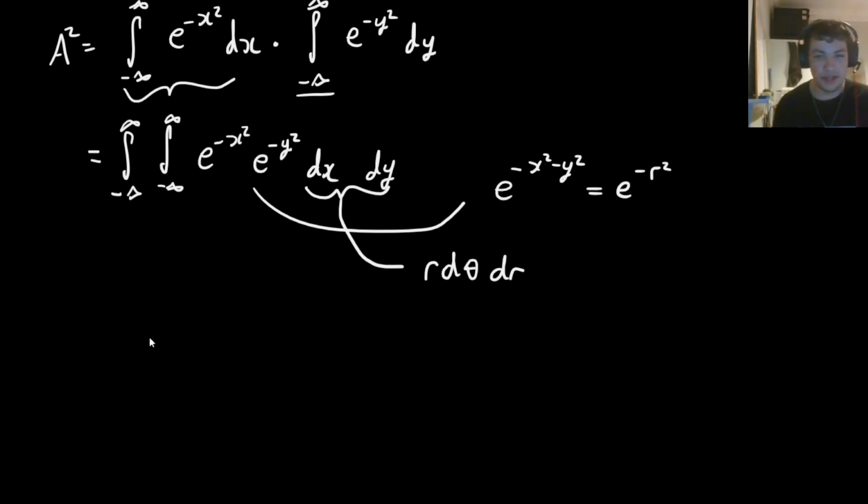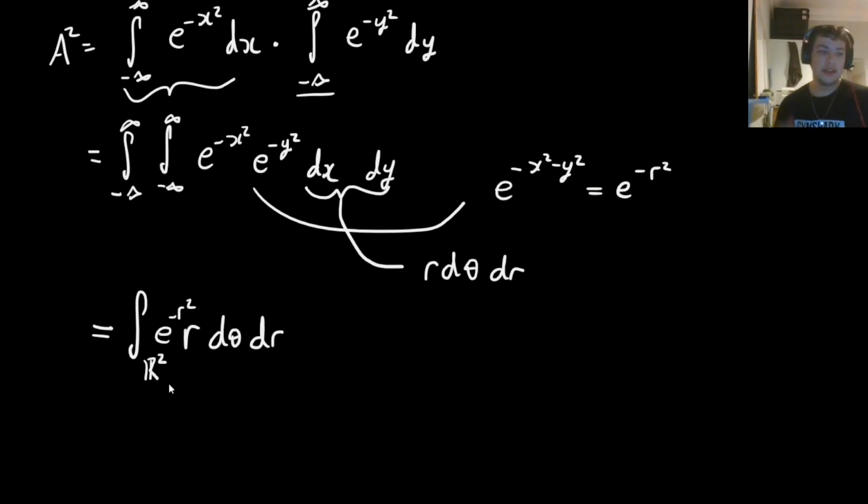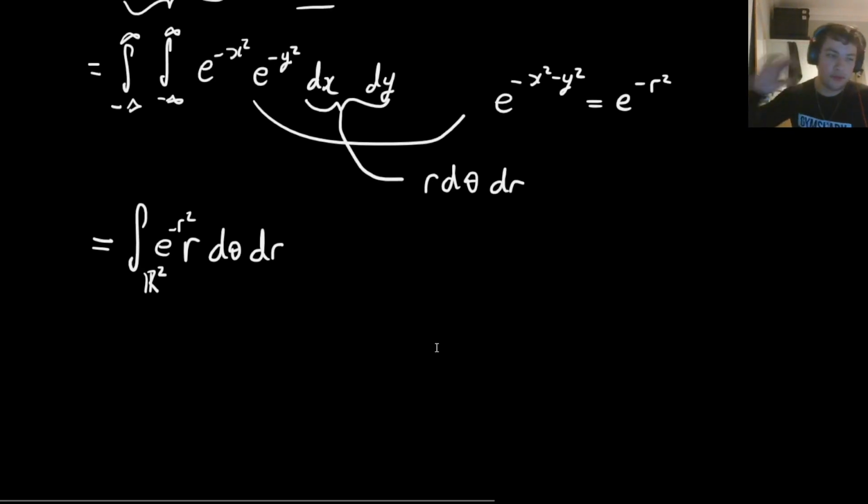I'm sure you already know, hopefully, otherwise look it up somewhere else. So this is the integral over the whole plane of r dθ dr e to the negative r squared. This is why normally I put the integration variable first, because it means that I have more room to keep writing.